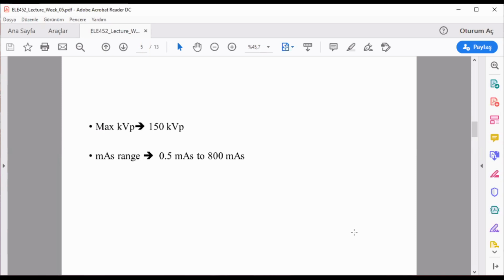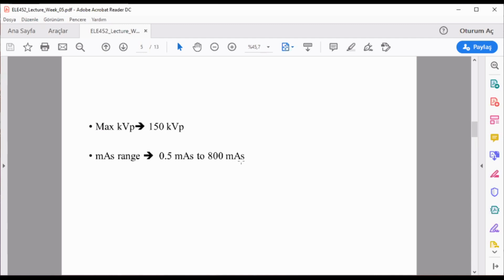For example, this one has been found from the internet, has a capacity of maximum voltage of 150 kilovolts and a milliampere range of 0.5 to 800 milliamp seconds. You remember, this is the anode to cathode voltage to accelerate electrons.